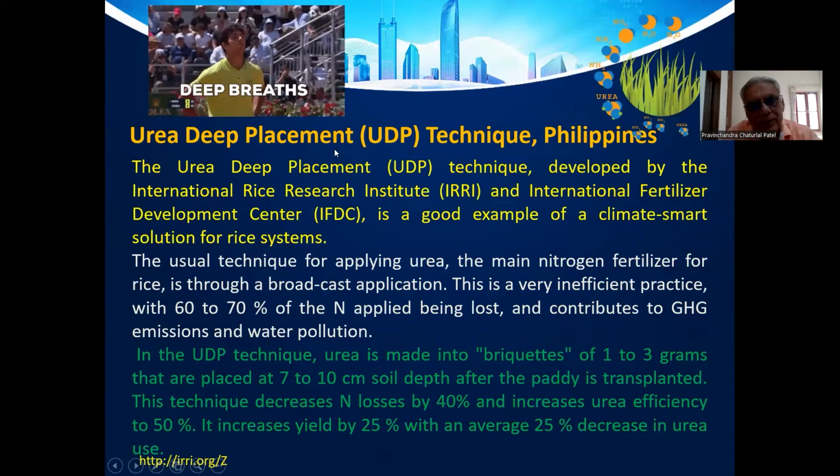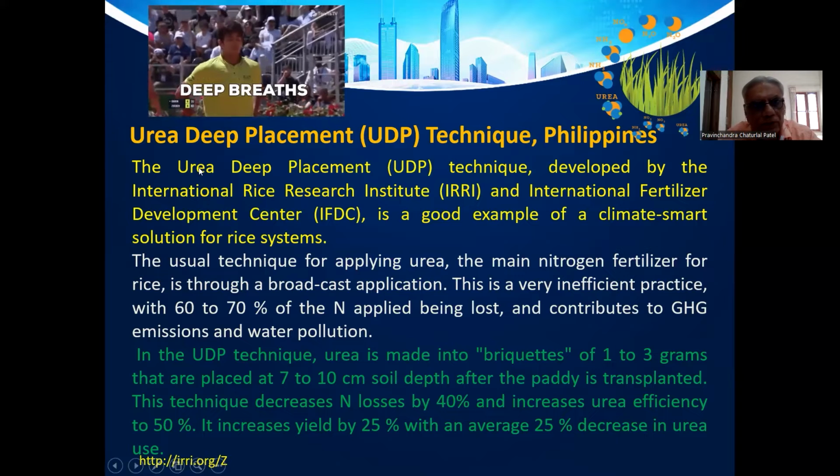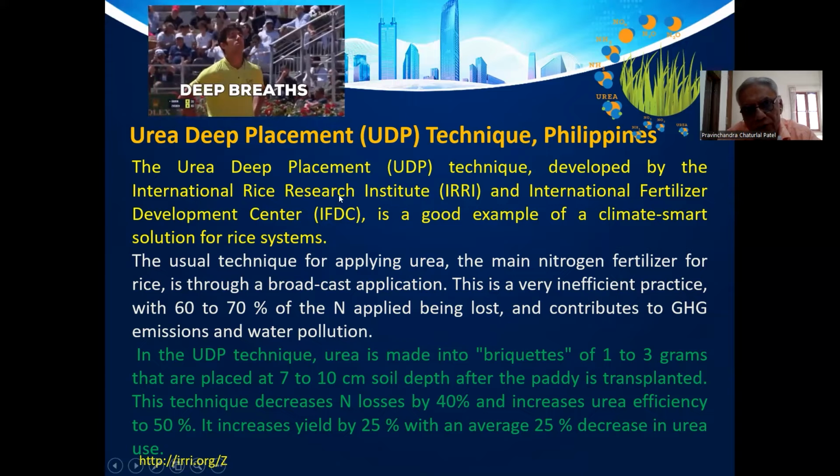Then, the urea displacement, UDP technique, Philippines. The urea displacement technique, developed by the International Rice Research Institute, IRRI, and the International Fertilizer Development Center, IFDC, is a good example of a climate-smart solution for rice systems.